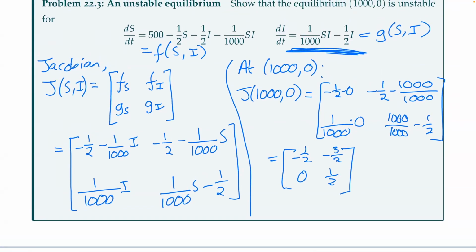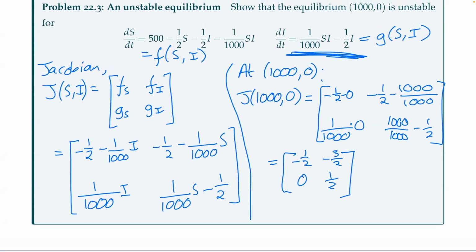Now at this point, there's one of two things you can do. You can look at the trace and the determinant for a general matrix. The reason we do that is because we want to know something about the eigenvalues, because that tells us about the stability. But because this matrix is in upper triangular form, so there's a 0 here, if you have a 0 here, or if you have a 0 here, or both, that means that our eigenvalues can be read straight away.